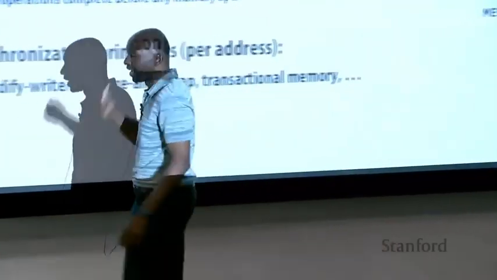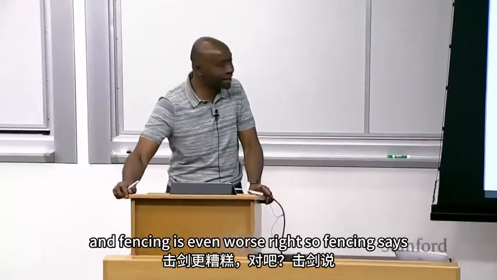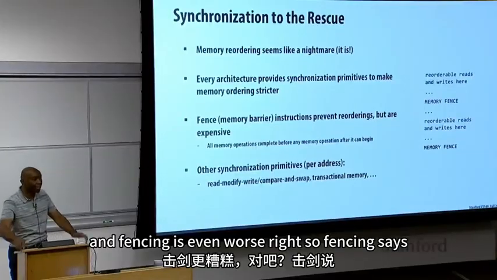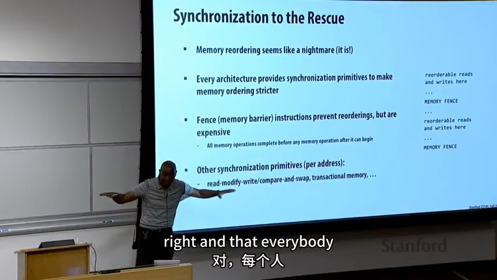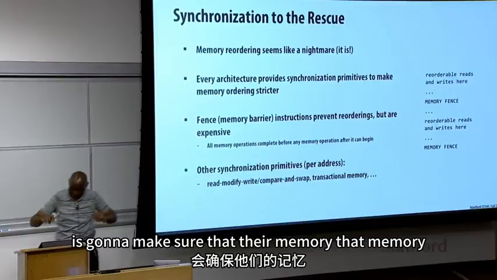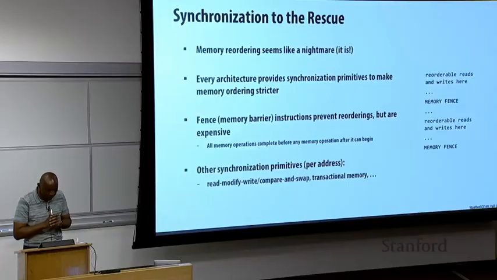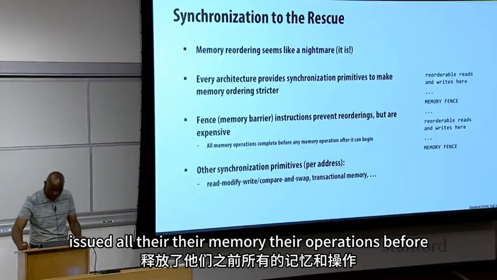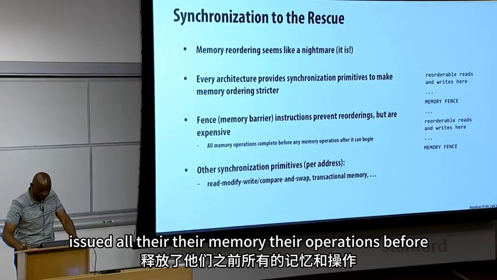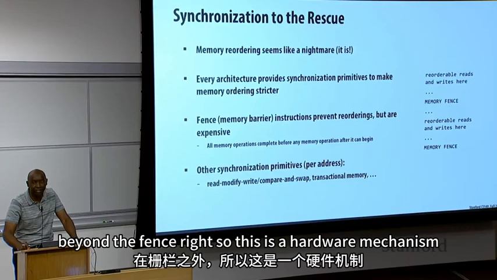Locking is a mechanism for slowing things down, and fencing is even worse, right? So fencing says we're going to wait for the memory system to quiesce, and all the processes are going to make sure that they have issued all their operations before we allow any of them to go beyond the fence, right? So this is a hardware mechanism that gets implemented.